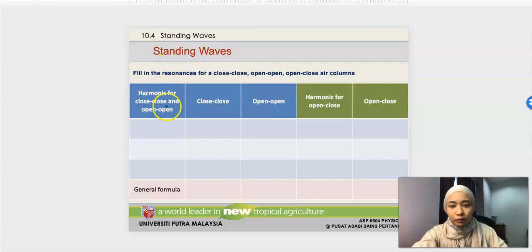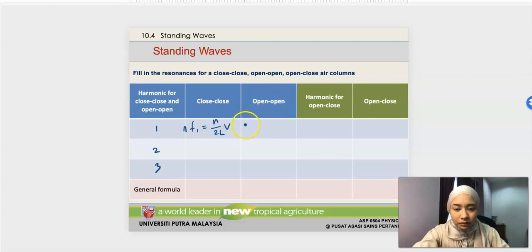So harmonics for closed-closed and open-open, we have the regular ones, 1, 2, 3. And we know that the equation is similar to the string, so that is n over 2L times v. That is for the fundamental frequency.